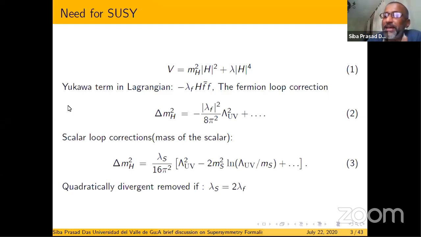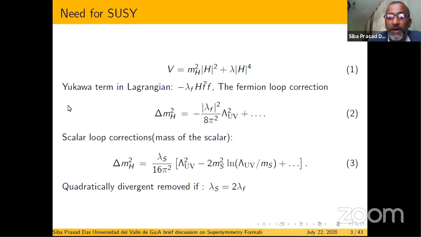Similarly, if you take the other interaction term in the Lagrangian, there is a scalar loop correction. The fermion loop and the scalar loop are two different kinds of diagram that give the mass correction for the Higgs. In the bubble diagram, I can also have a propagation along the scalar.